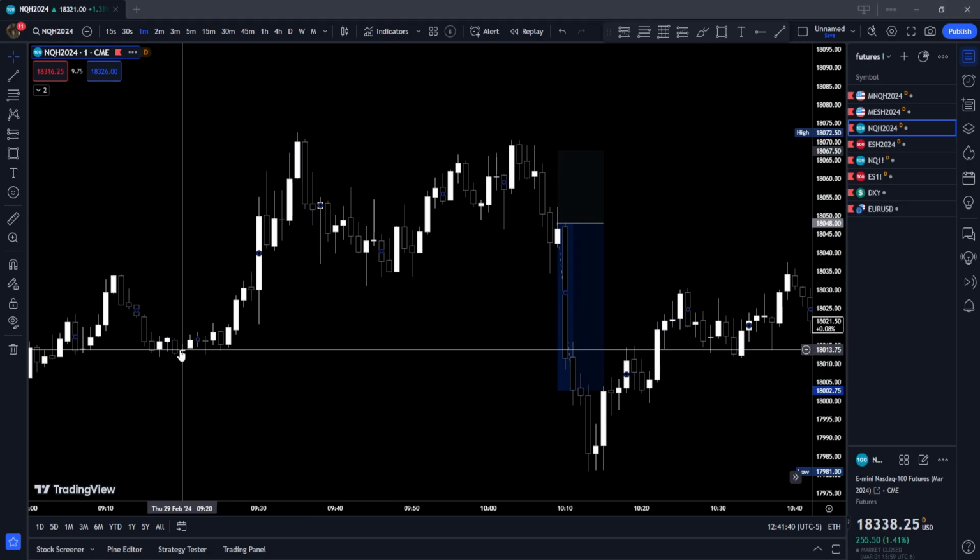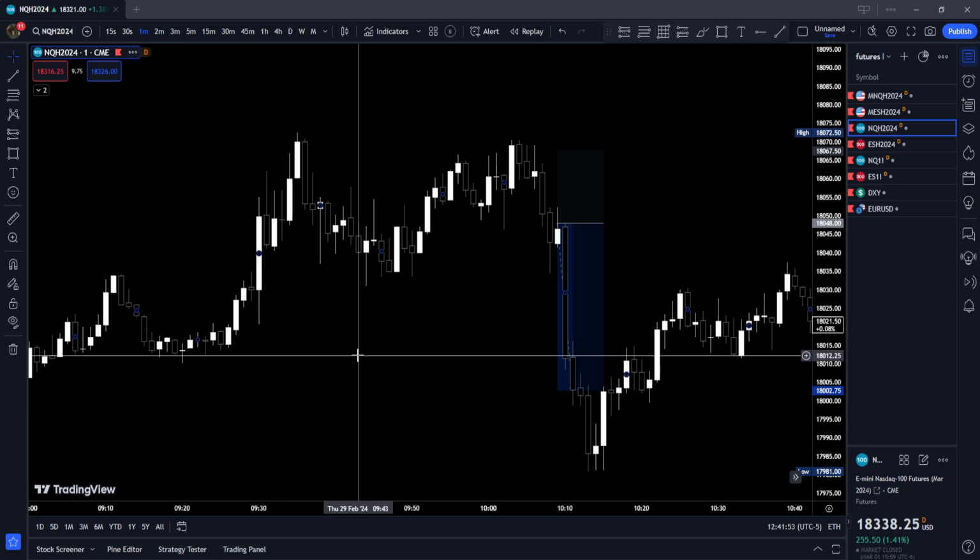So let's sum everything up. What do we need to trade Silver Bullet profitably? We need to have a narrative, which means that we need to know when price is most likely going to retrace and when price is most likely going to expand, right?